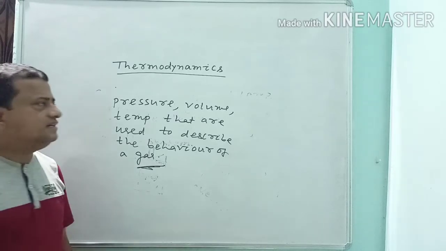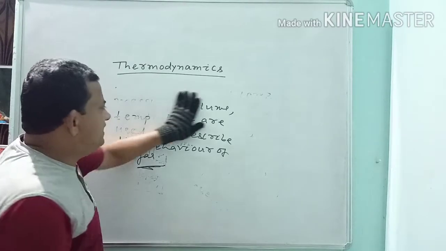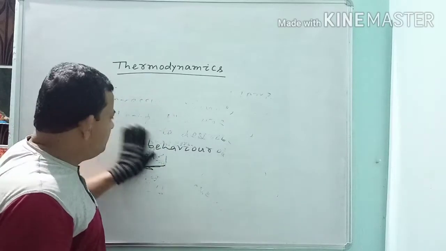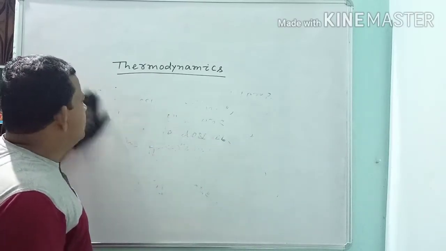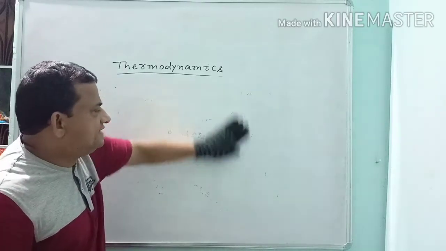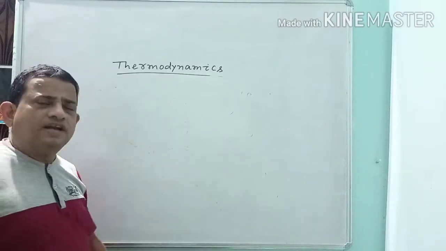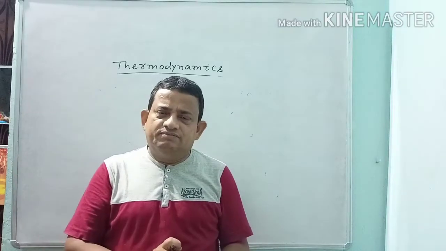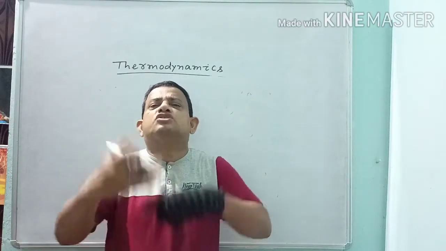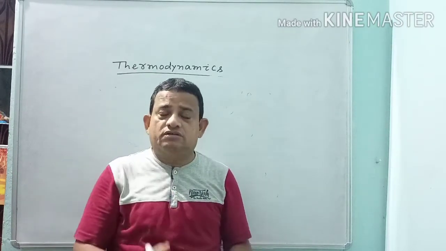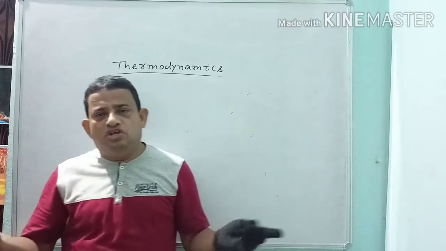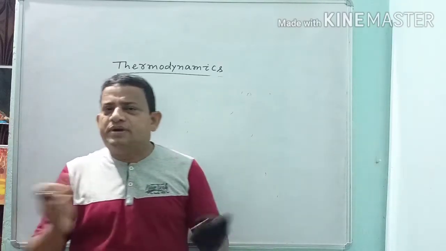So like that, another we need in thermodynamics, that is your equation of state. That means, what is the state of a gas? A gas is in which condition? What is its pressure? What is its volume? What is its temperature?